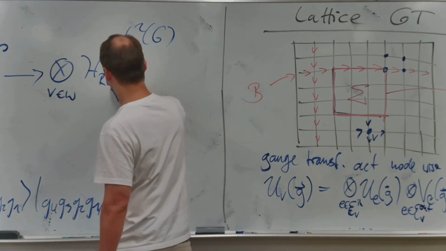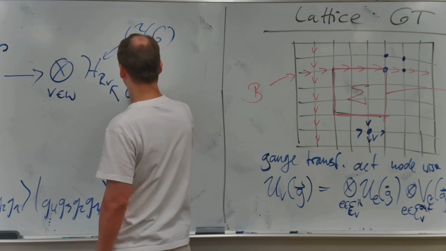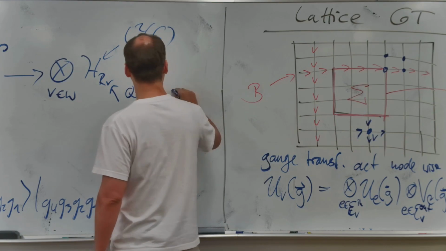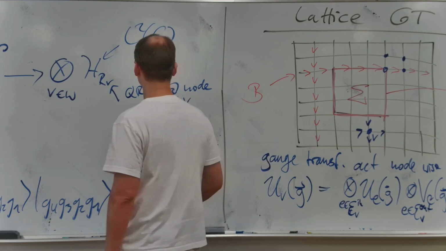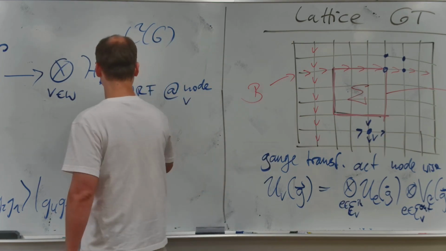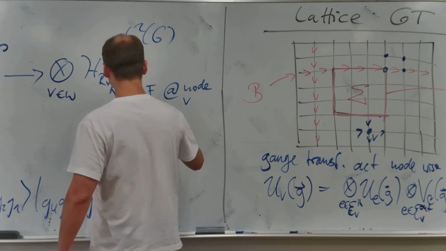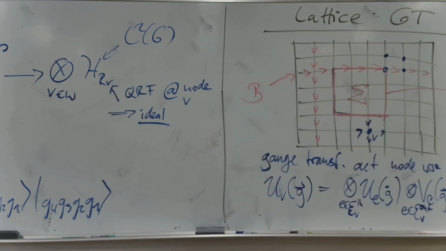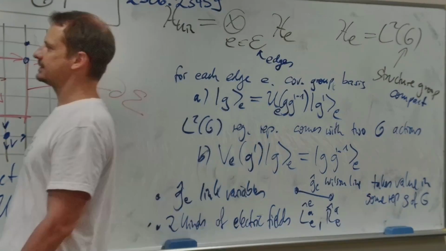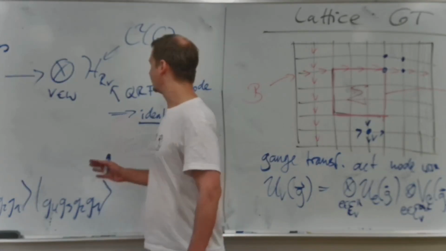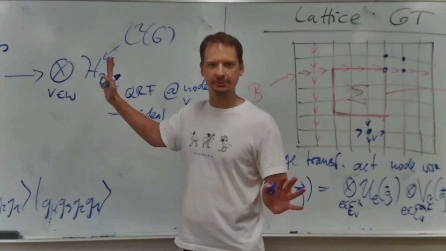So the QRF at node V is an ideal one and has perfectly distinguishable orientation states. So that should give you a sense. I'm running out of time for this, but I hope it's more or less intuitively clear what you're doing.